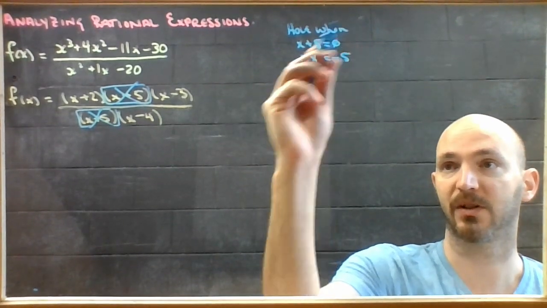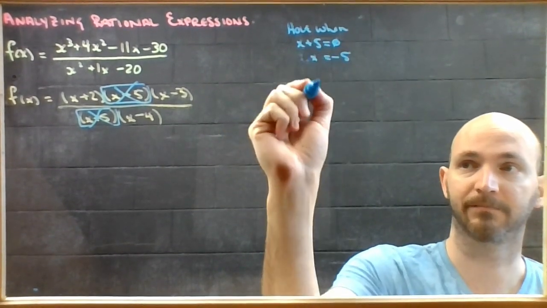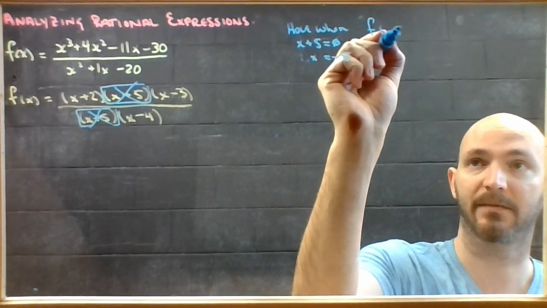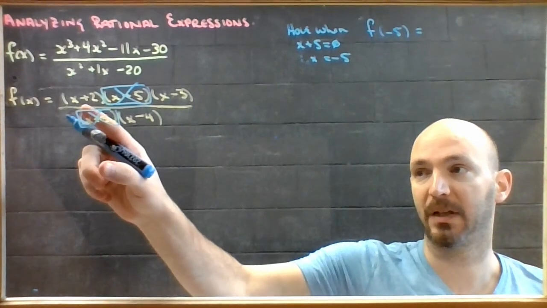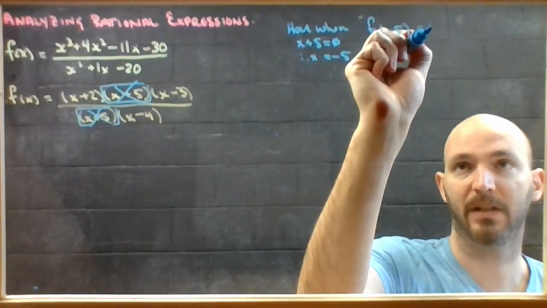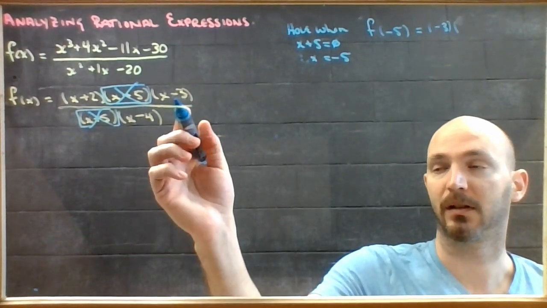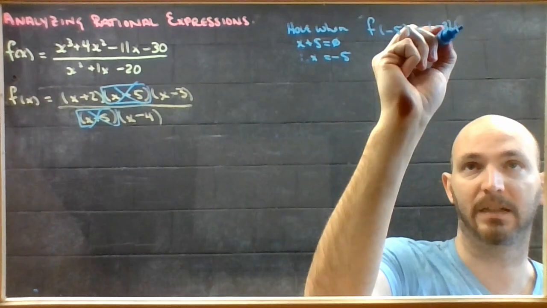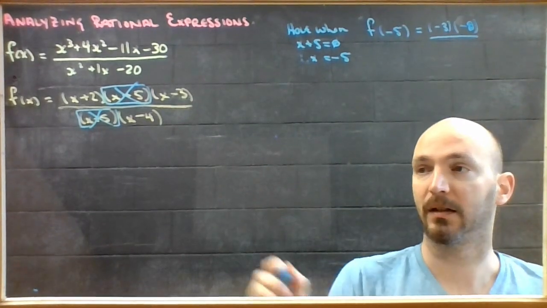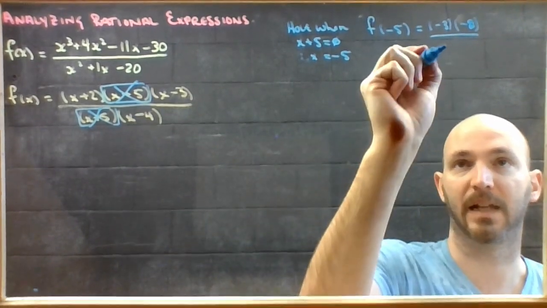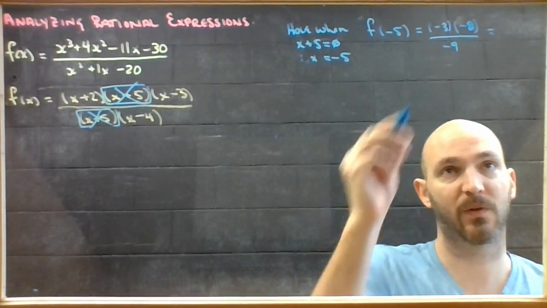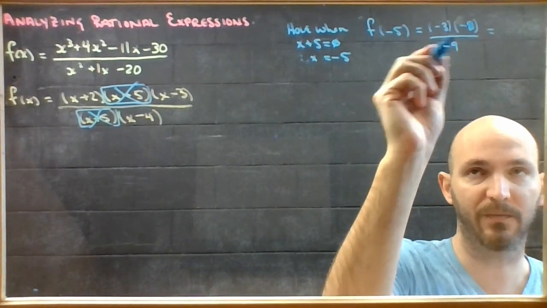And if I put the function in there, function at -5, well, that would be -5 plus 2 is -3. -5 minus 3 would be -8. And -5 minus 4 would be -9. So it's at -24 over 9, or 24 over -9.